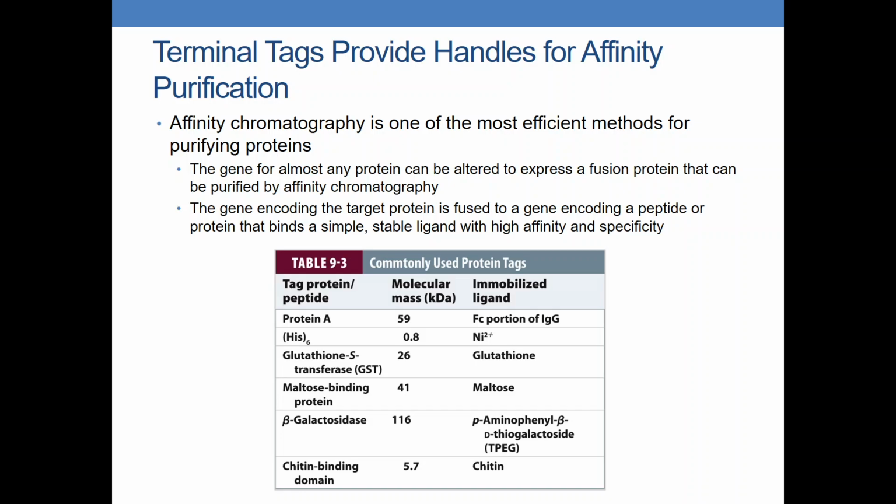Now, another thing to take note of is that many people, including myself, actually prefer to not permanently leave the affinity tag on. There are many instances where it is known that the presence of an affinity tag can influence the conformation of the resulting protein downstream.